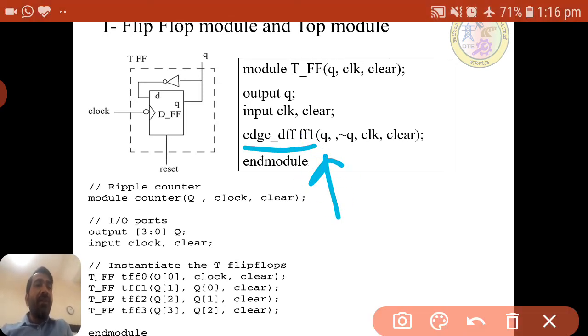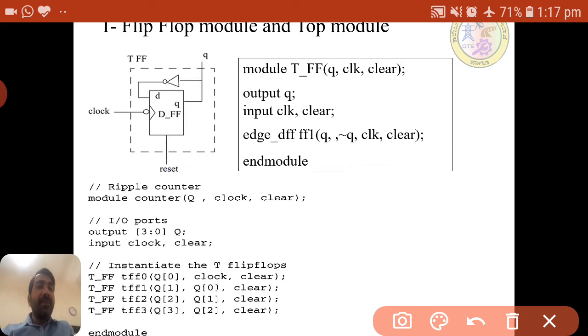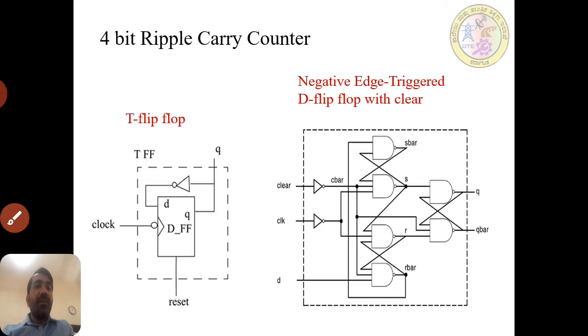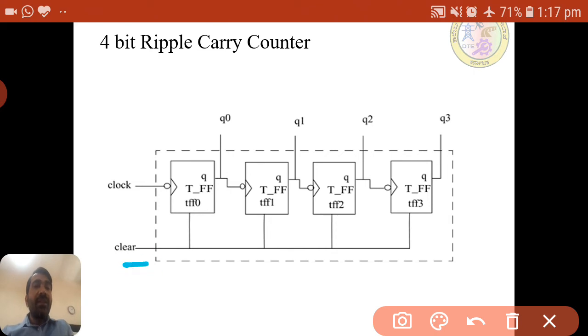And what are the top module signals? That is clock, clear, and Q naught.